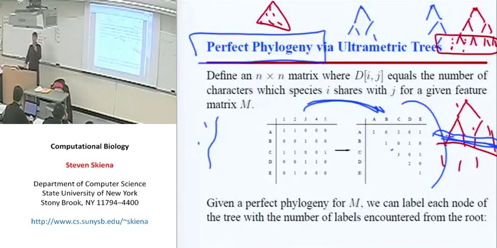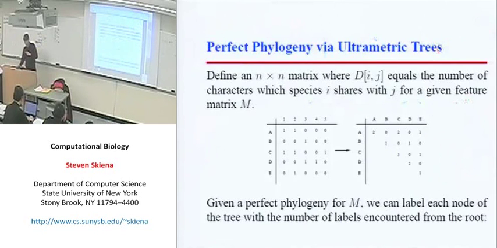The question of what is the most parsimonious tree with that property becomes a more interesting and probably NP-complete type problem. Okay? That would be where I think I stand on this now. Any questions about that? But what's interesting, again, is that the ultrametric tree gives us a natural reconstruction algorithm idea.